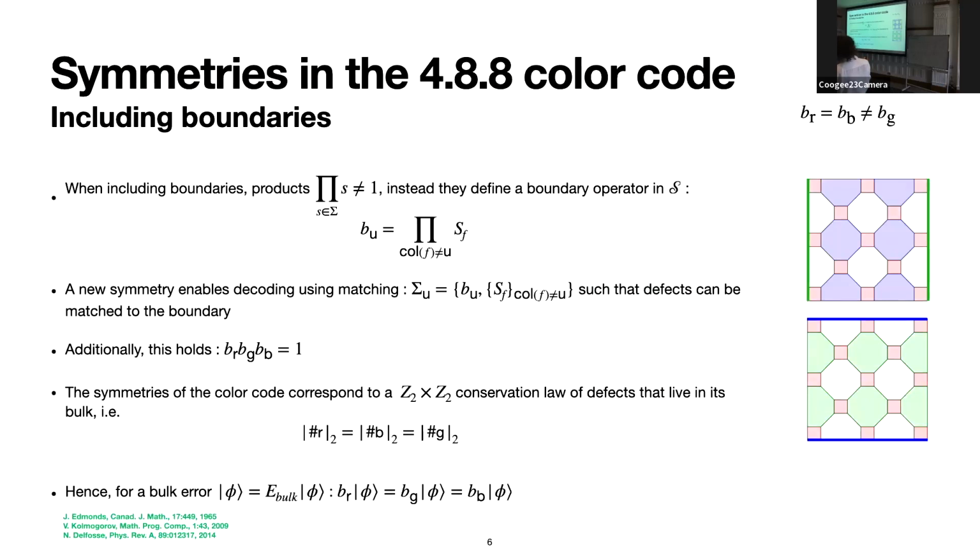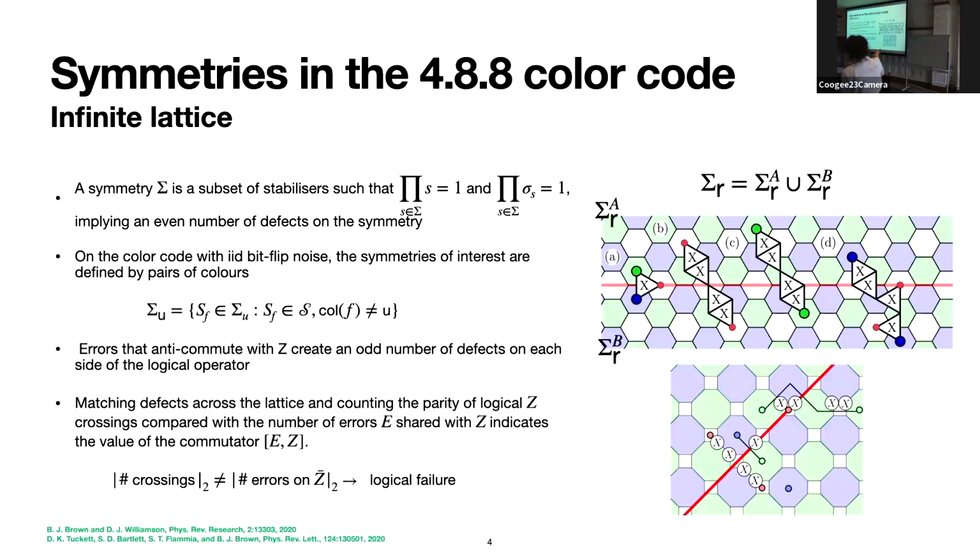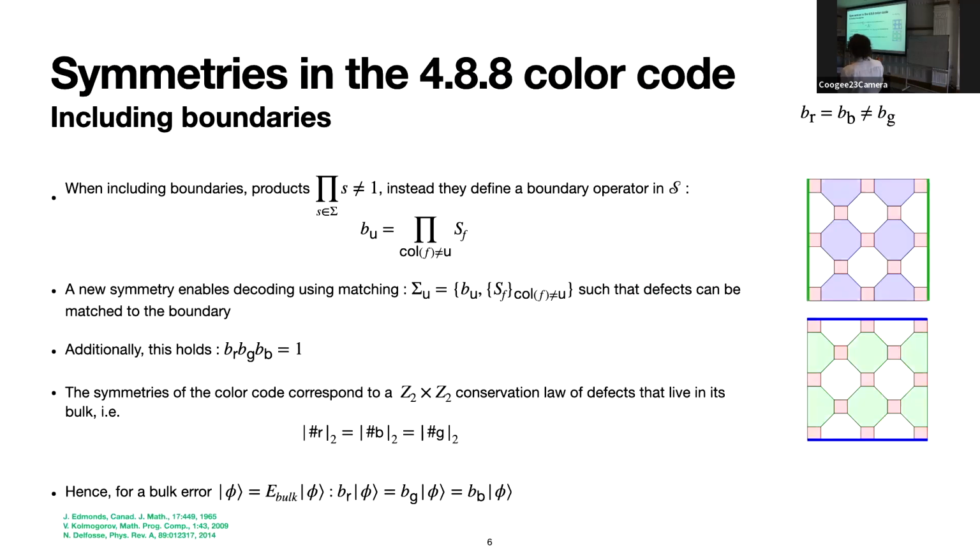Okay, so earlier, I should go back here. This was defined on an infinite lattice, or a lattice with periodic boundary condition, and so the symmetry was okay to be defined this way. But if we include boundaries, then these products of stabilizers and those symmetries no longer give us the identity.